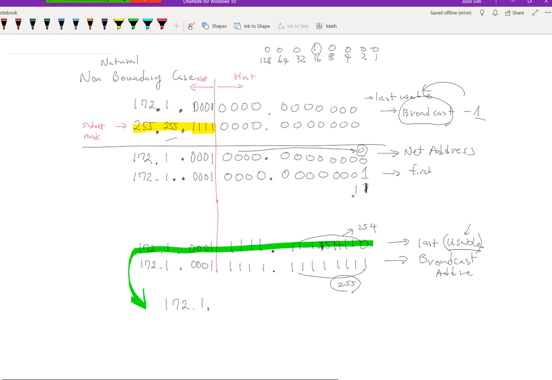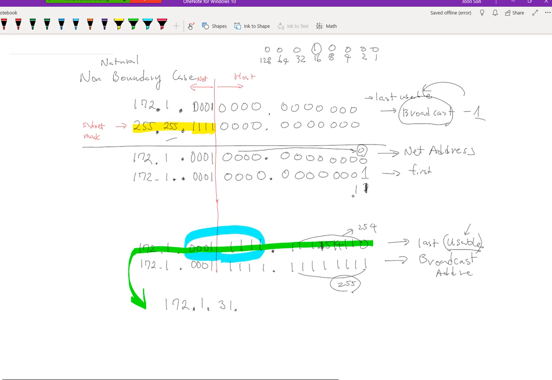So when I ask for the IP address, 172.1 dot, and then what is it? This one, right? Which is the third octet. What is 00011111? Anyone? I need a volunteer. I'm too old to calculate this. 31. 31, thank you so much.